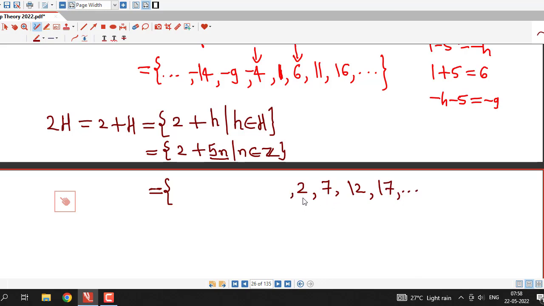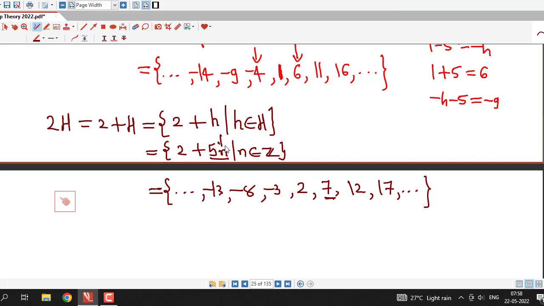Here we can obtain this element 2 by subtracting 5 from 7. 7 minus 5, that is 2. 2 minus 5 will give us minus 3. Minus 3 minus 5 will give us minus 8, minus 8 minus 5 that is minus 13, and so on.